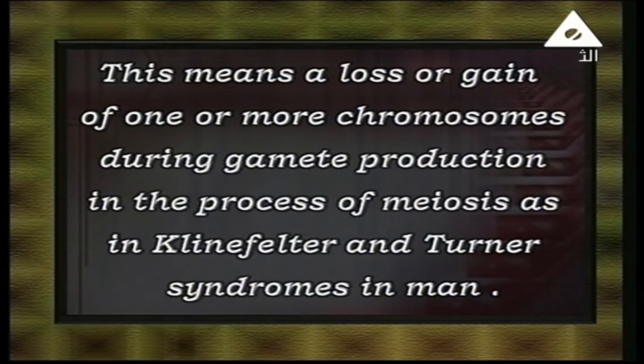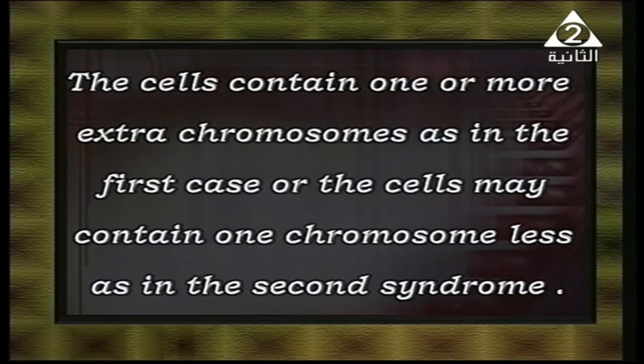Each one of them has some characters and features, and they are actually very undesirable traits for humans. Klinefelter and Turner syndromes. The cells contain one or more extra chromosomes, as in the first case, or the cells may contain one chromosome less, as in the second syndrome, which is what? Turner syndrome.